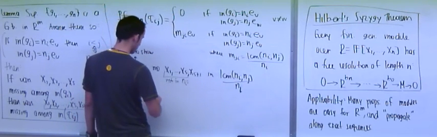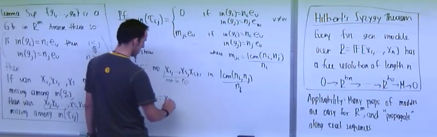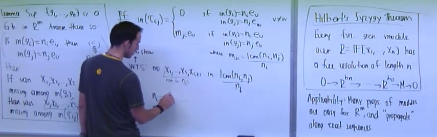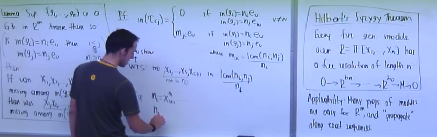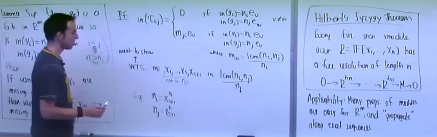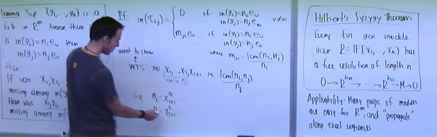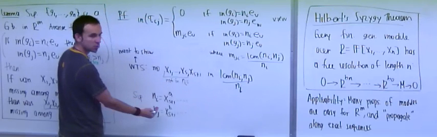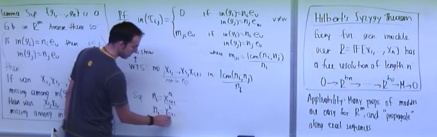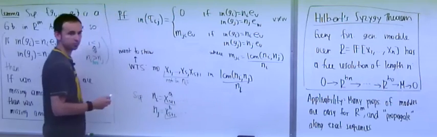So let's suppose that n_i involves the letter x_{s+1} and then some other letters, and n_j looks like this, where the point is that n_i and n_j don't contain any of the letters up to s. So this is the smallest letter that appears here. All these other letters are greater than s plus 1.